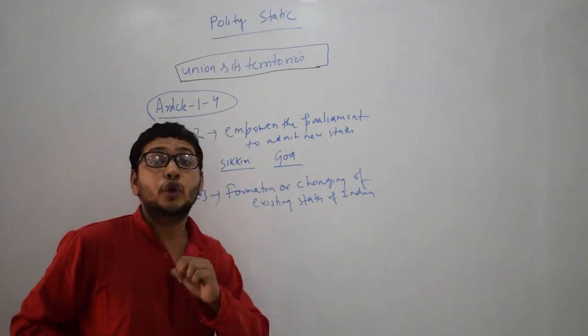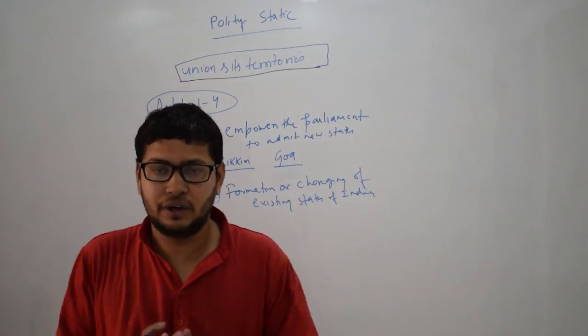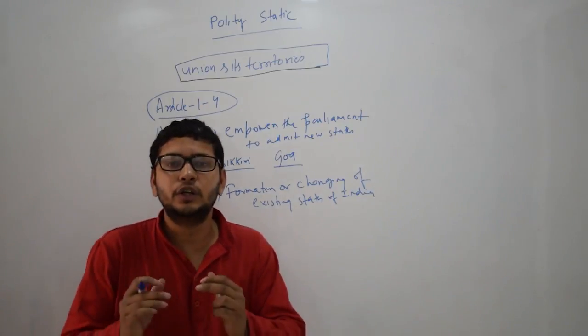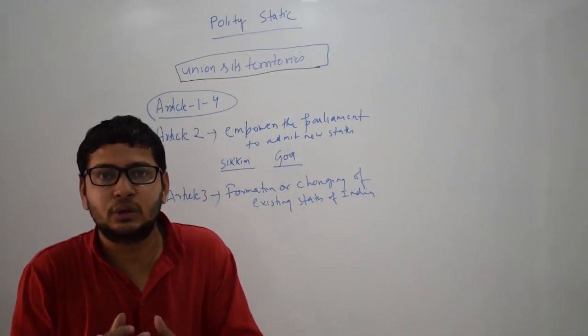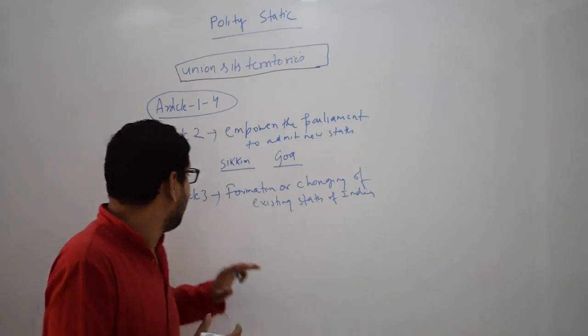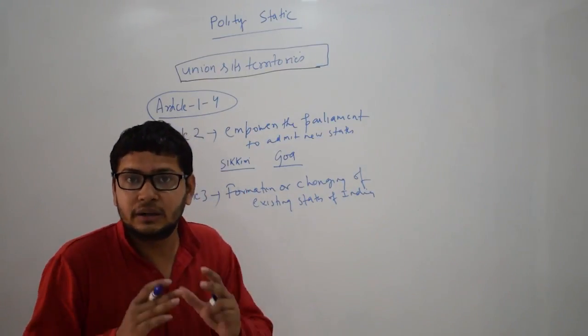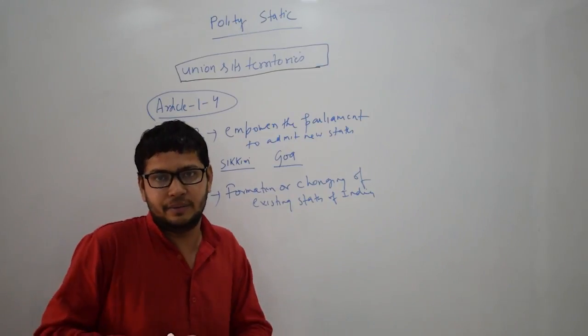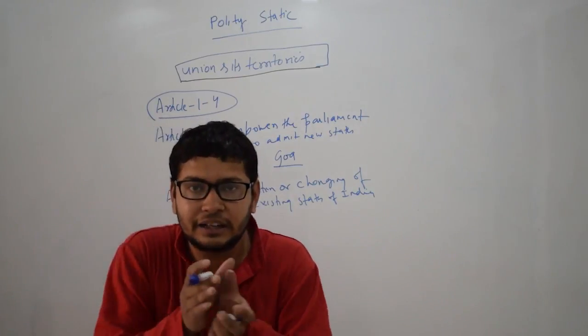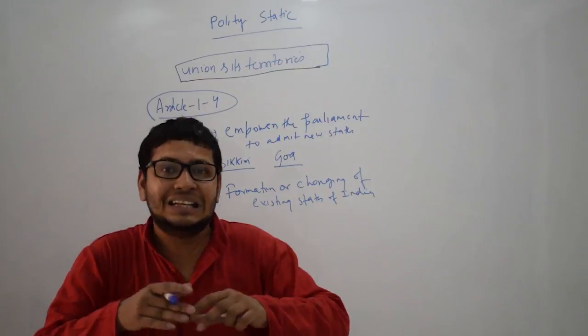Article 2 talks of new states which were never part of India, which were newly inducted into the Indian Union, right? While Article 3 talks of the states which are already there, and those states are divided or their areas increased.